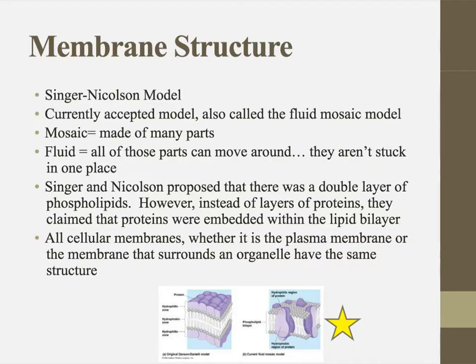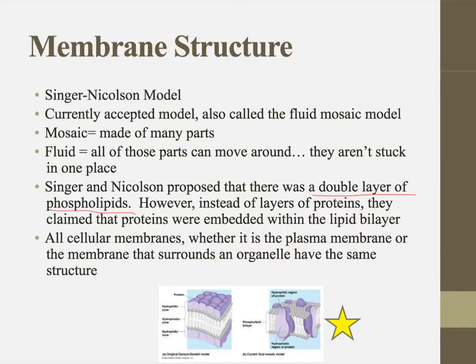So that was a really interesting proposition by Singer and Nicholson, okay, that we had these layers of phospholipids, but that these proteins that were stuck in them can move all over the place throughout the cell membrane. That was really interesting. So here's what we need to know about Singer-Nicholson. Okay, we're still talking about a double layer of phospholipids.